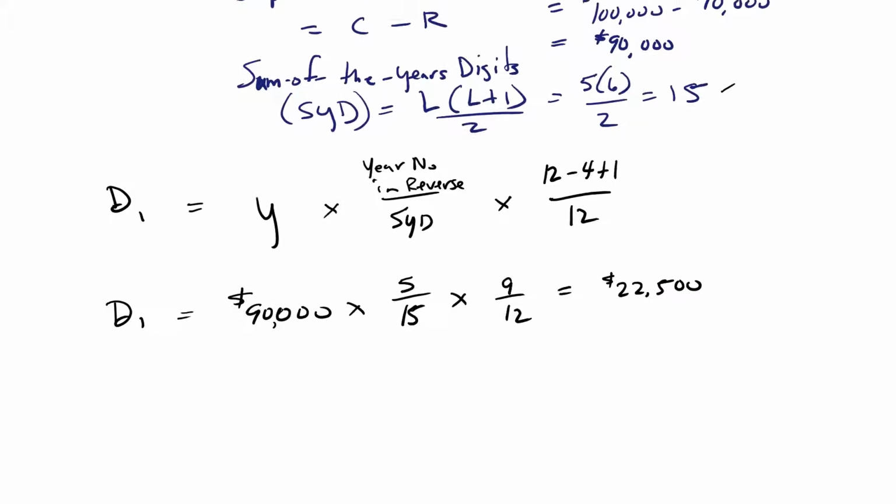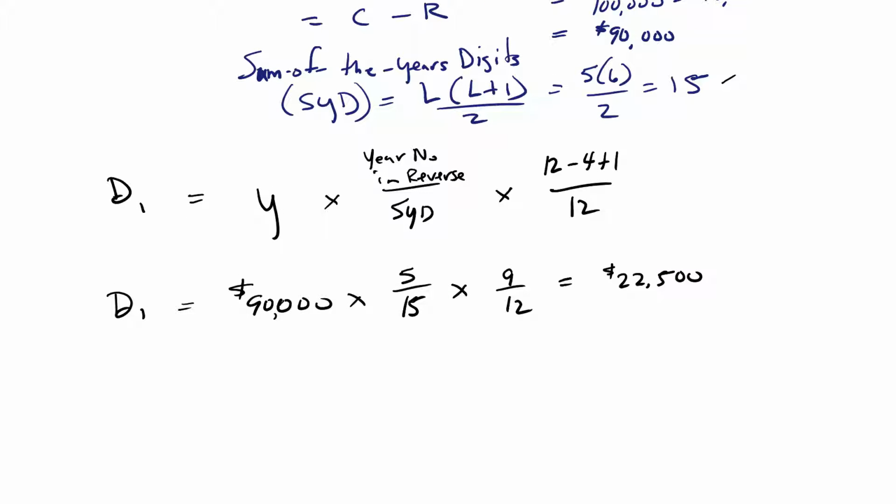Okay. And now, as we step to the second year, we'll calculate depreciation. We'll call this D sub 2, using, again, the subscript or the index to indicate the year number for which we are computing depreciation.